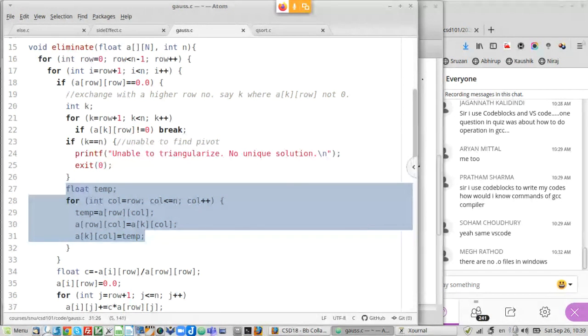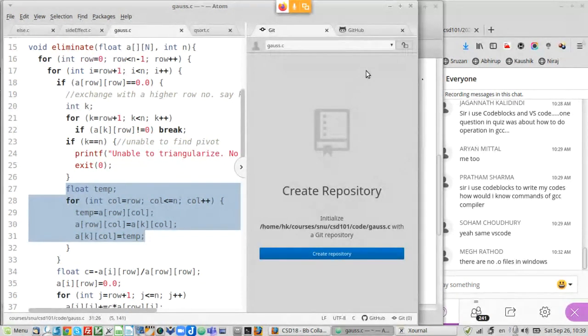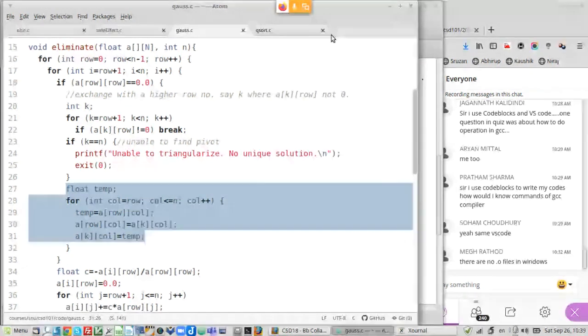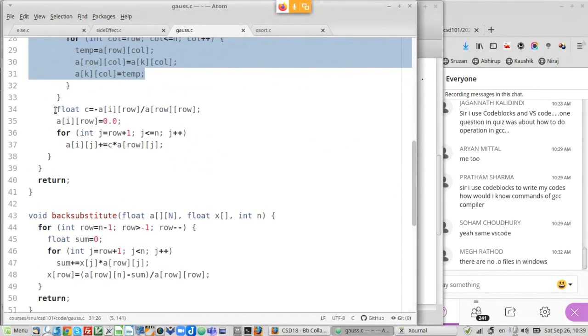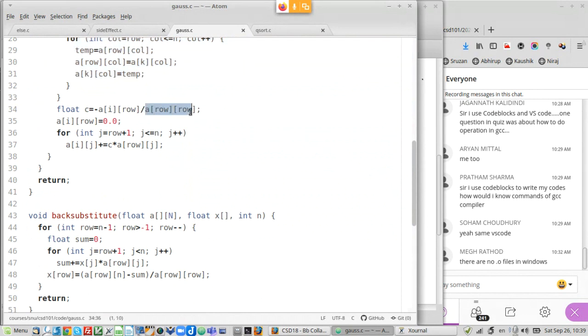Okay, and once that has been ensured, this is doing the elimination, right? So notice that you are dividing by A row, this is the pivot element, multiplying by minus AI row, this is the elimination row value, right?